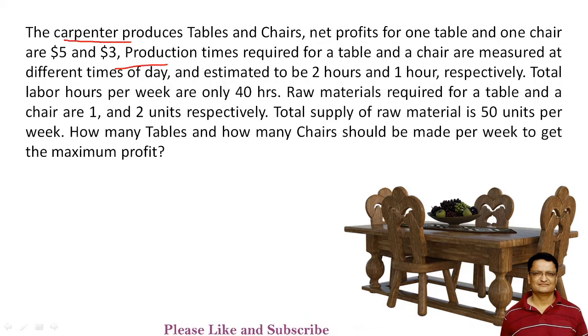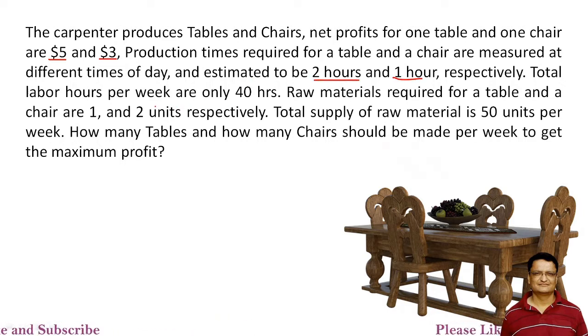A carpenter produces tables and chairs. Net profit for one table and one chair is $5 and $3. Production time required for a table and a chair are estimated to be 2 hours and 1 hour respectively.